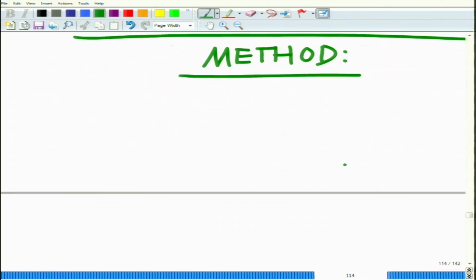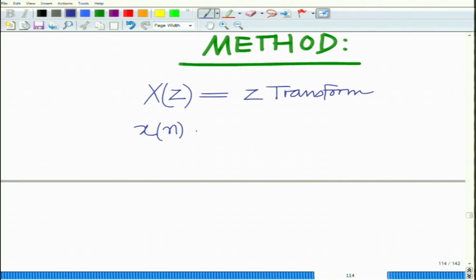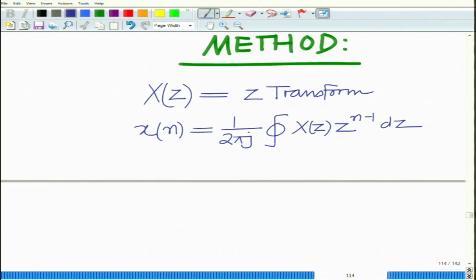The general inversion method to compute the inverse Z transform is as follows. What we would like to do is, let us say X(z) is the given Z transform, then x[n] can be computed as 1 over 2 pi j times the contour integral of X(z) z^(n-1) dz.